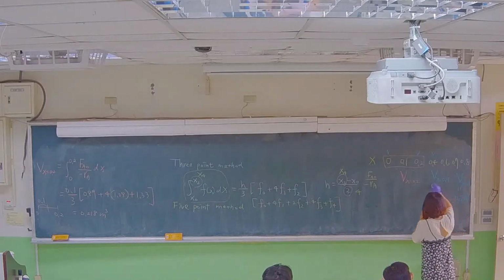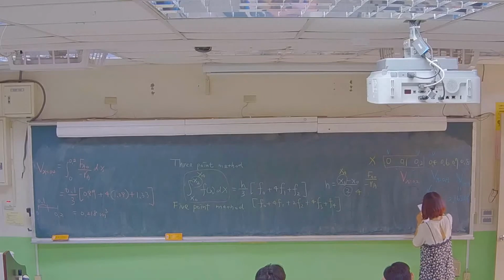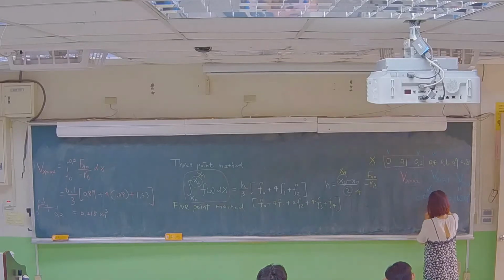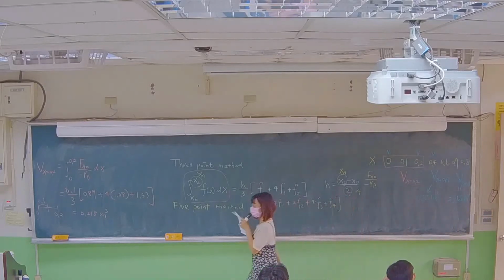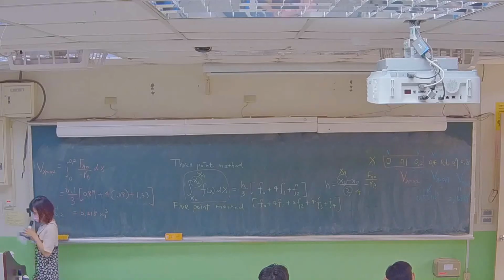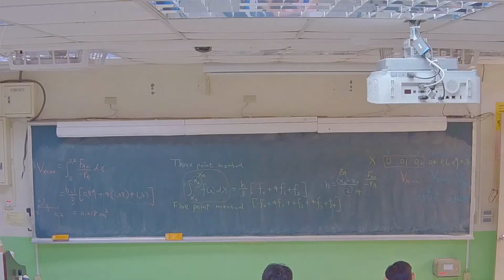Let me give you the answer first, and I will give you the formula, so you can check if your answer is correct or not. So please calculate it now. After 3 minutes, I will tell you.